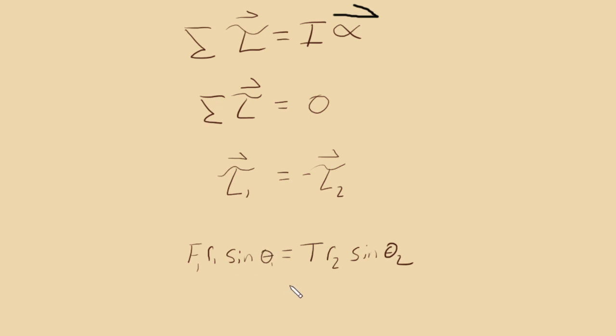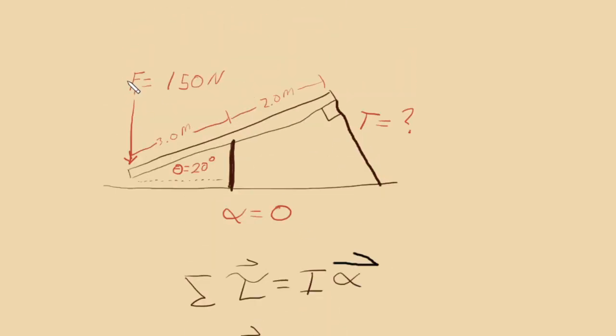For torque 1, we have force 1 being pushed down on this side. It's being applied at an angle. Remember that torque depends not only on how far out we're pushing our radius, but also on the angle. We're shown here that our angle with respect to the ground is 20 degrees, which would make this 70 degrees, the angle that we're interested in. So don't get screwed up when you're given the wrong angle.